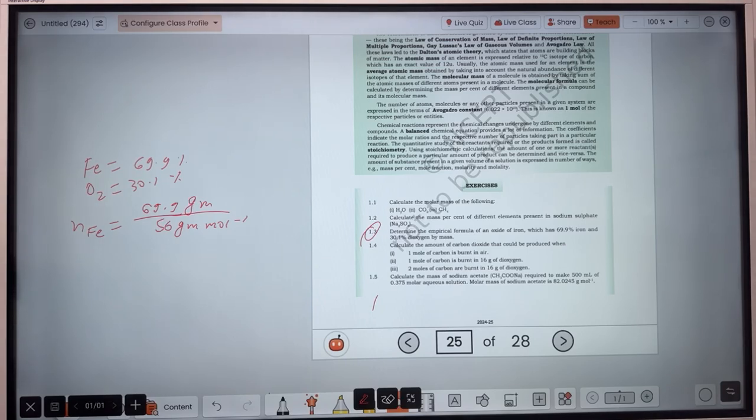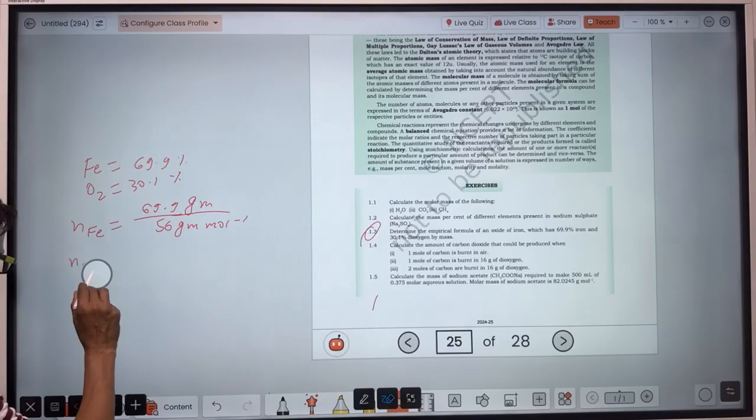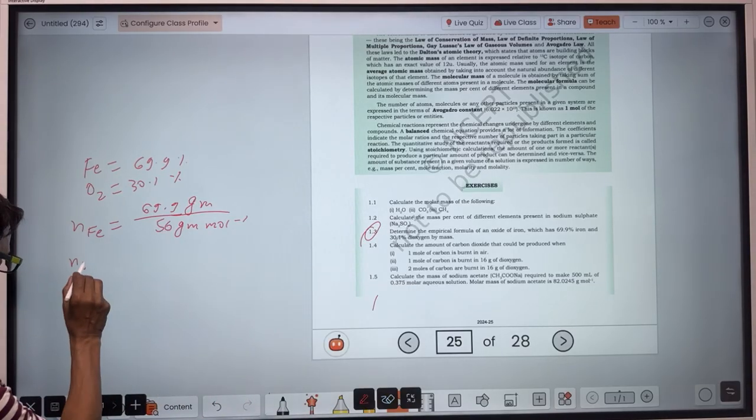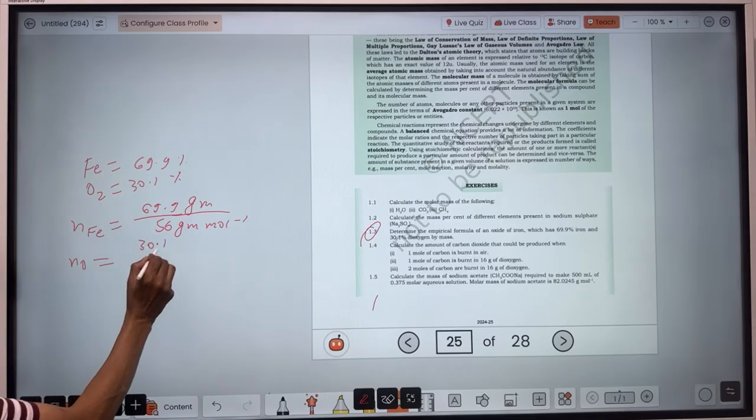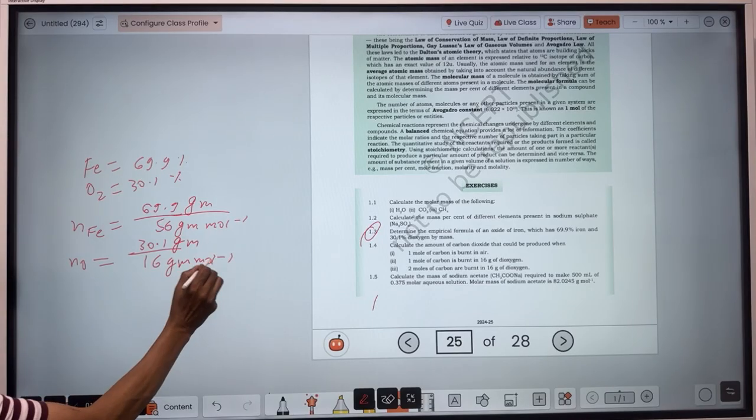In the same way, the number of moles of oxygen, here the oxygen atom, not O2, we are taking. So that will be equal to 30.1 gram upon 16 gram per mole.